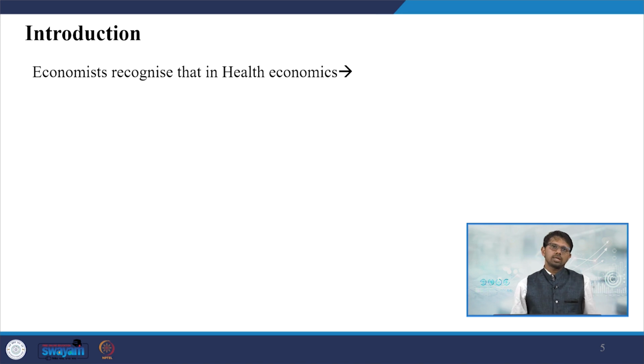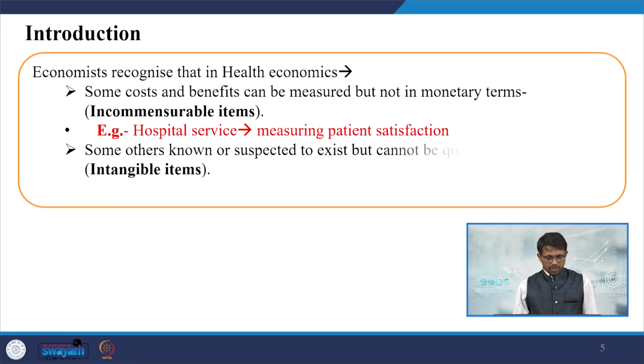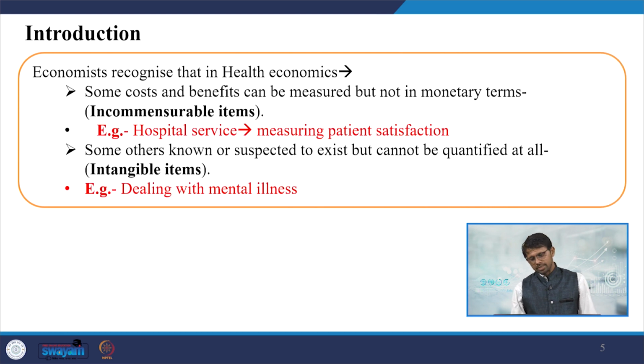The economist recognizes that health economics involves some costs and benefits that can be measured, but not in monetary terms, called incommensurable items, such as hospital service, where measuring patient satisfaction is the most important direction.